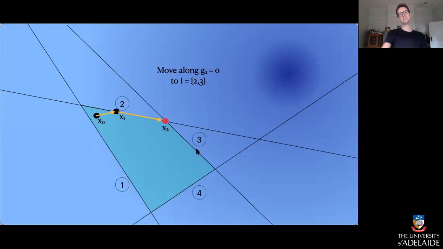So there might be a slightly better point that's a minimizer along the constraint G3 equals 0, along this straight line, and we're looking for a point where the level curve is going to be just tangent to the line G3 equals 0, and that's what gradient projection does, right? So we can't do any better when constraints 2 and 3 are active, but we can get a little bit lower if we head along G3.